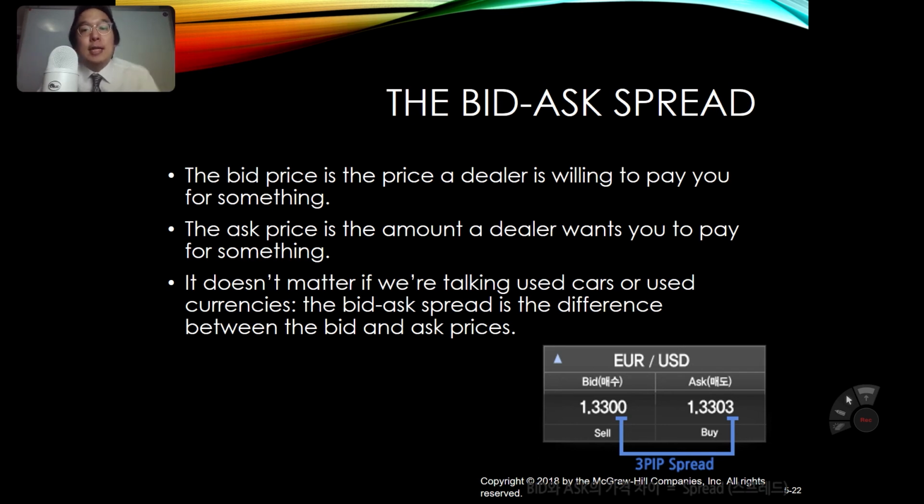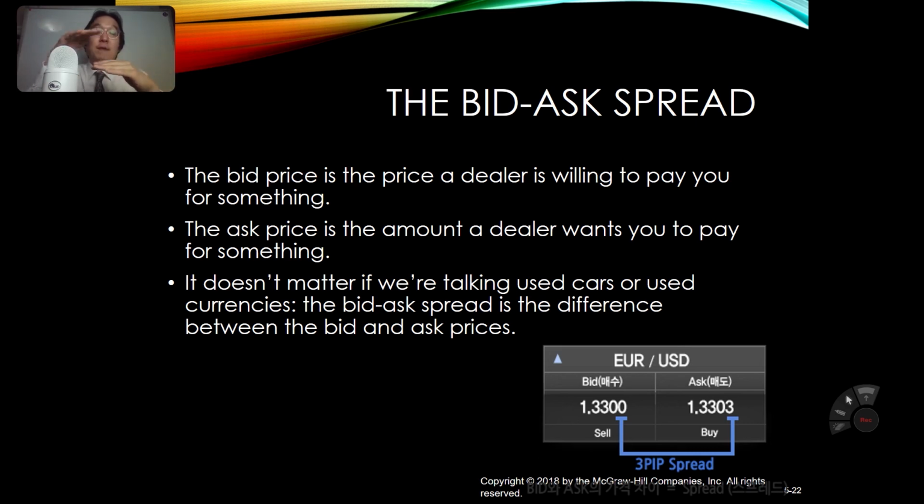The bid price is the price a dealer is willing to pay you for something. And ask price is the amount a dealer wants you to pay for something. So by definition, ask price has to be bigger than bid price. For the same certain asset, like any used car, or any product, or any currencies, bid price low, ask price high.